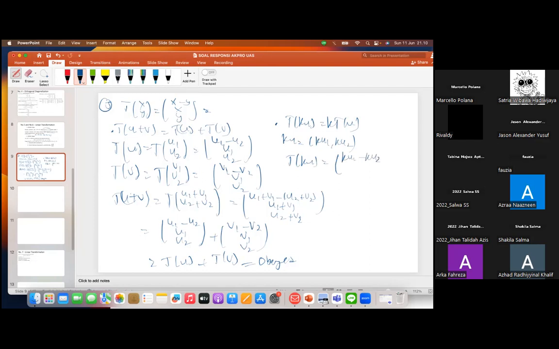This is KU1 and KU2. Now, as you can see, we can factorize the K out like this. And so it's equivalent to K times TU. And so axiom 2 is obeyed. Therefore, T is linear.